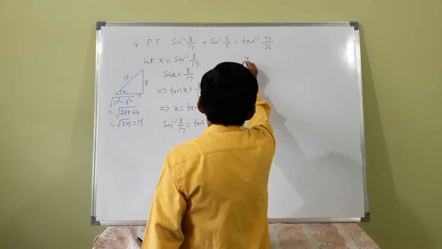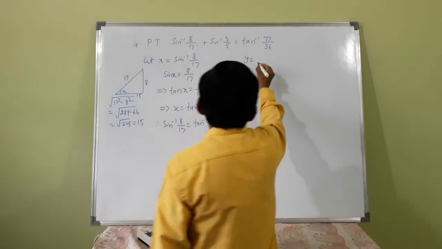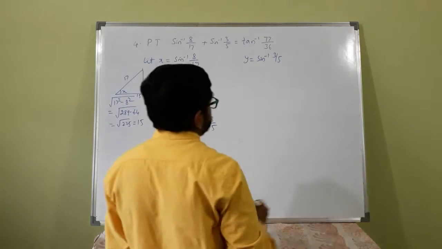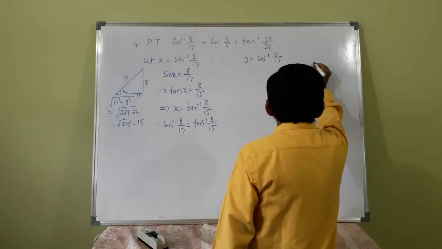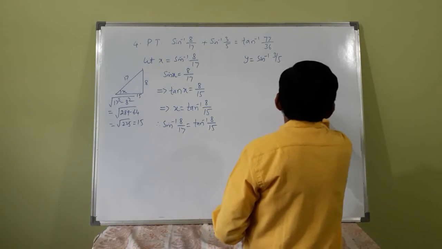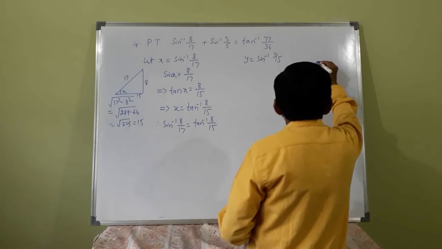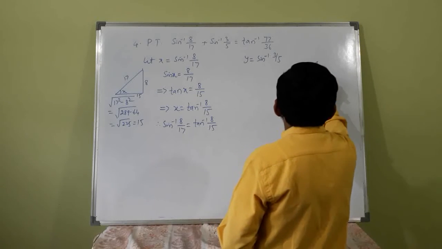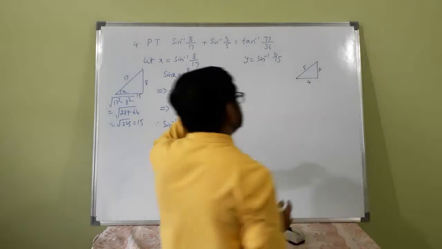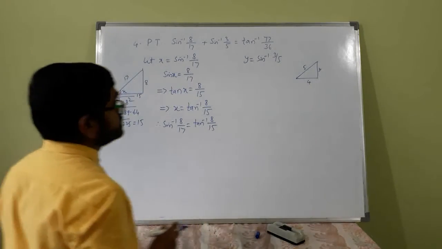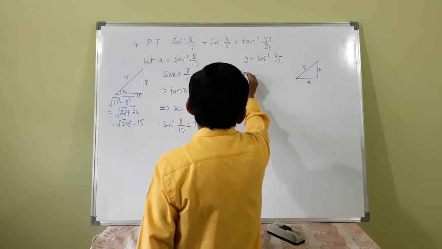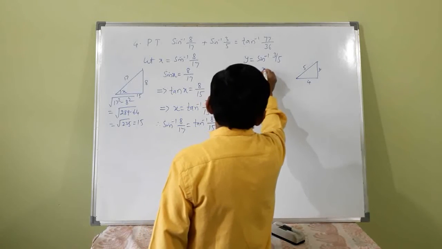Similarly, y is equal to sin inverse of 3 by 5. So, as in the earlier case, okay, suppose this is 5, this is 3, this should be the 4, adjacent side should be 4. So sin inverse of 3 by 5 means sin y is equal to 3 by 5.